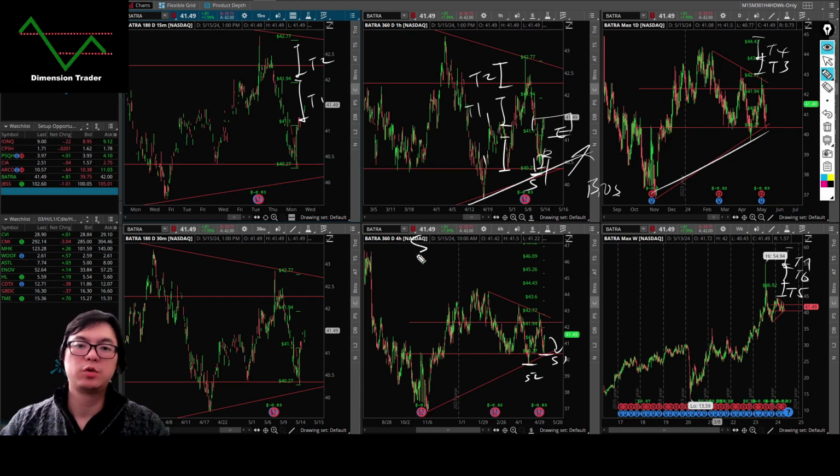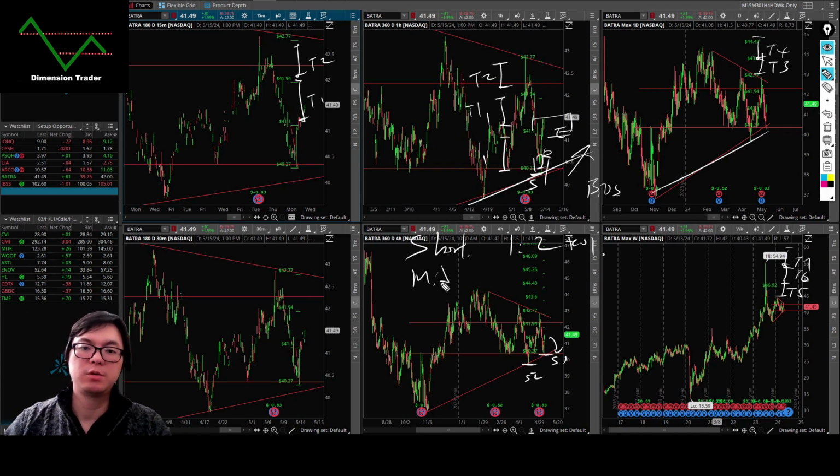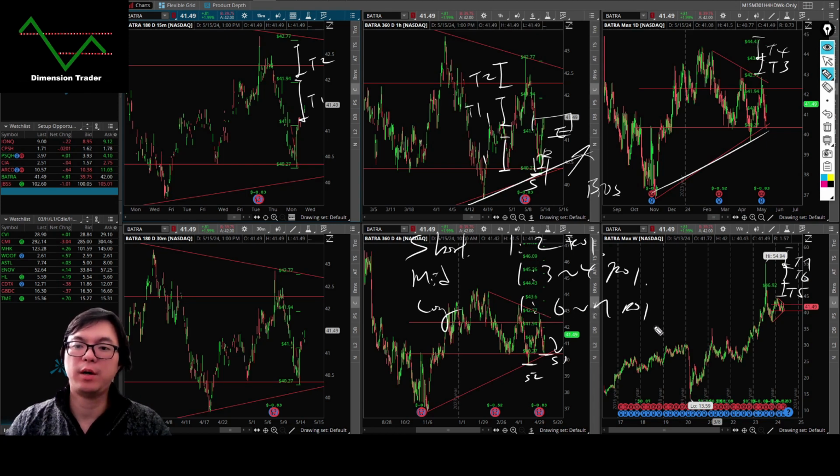So short-term position, we have 1 to 2 average trading ROI. Midterm swing trade, we might have 1, 2, 3, or 4 ROI. Long term, we might have 1, 2, 6, or 7 ROI. The holding time could be a day, a couple days, or weeks.